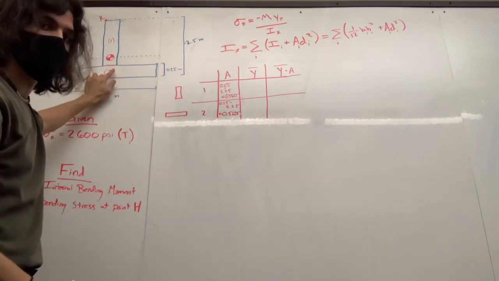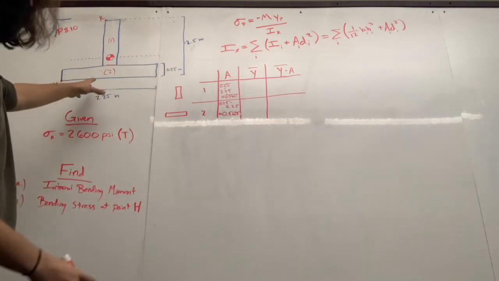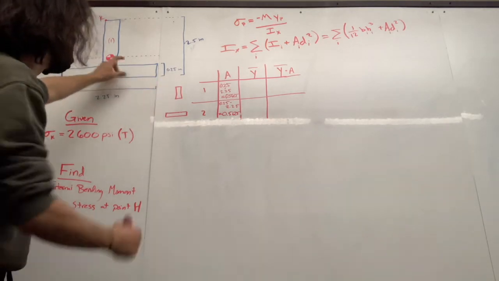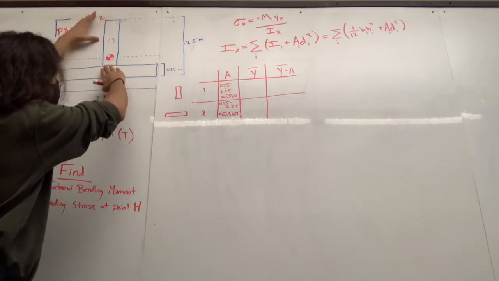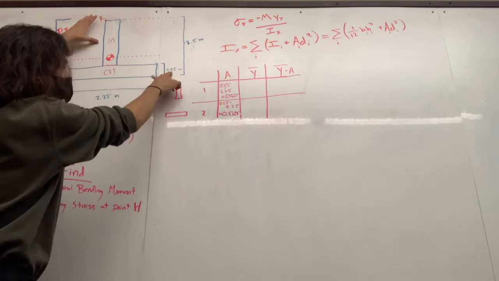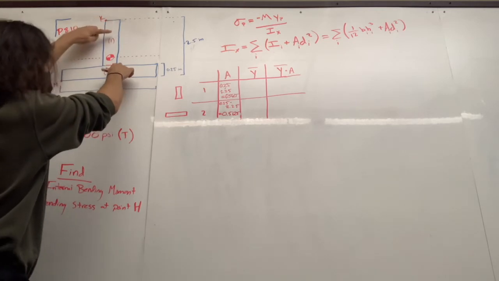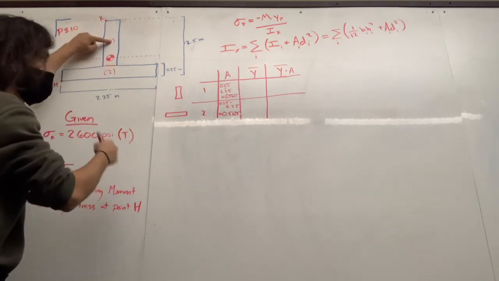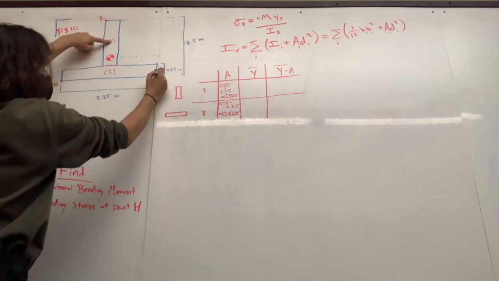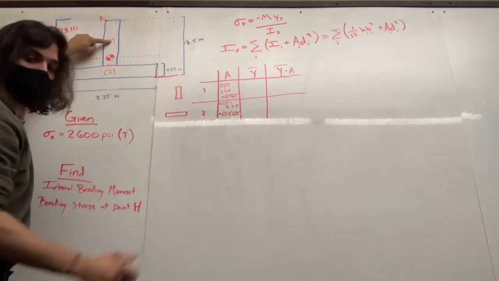So y bar is just, since these are rectangles, we know that the centroids of each rectangle lie at the very center. And since it's symmetrical along the x-axis, we only have to worry about the y positioning. So for this top shape, since we're only dealing with this part, it would be 2.25 from here to here, divided by 2, which would give us the center. But then since we are basing it off of where the axis is, we have to add this 0.25 back.